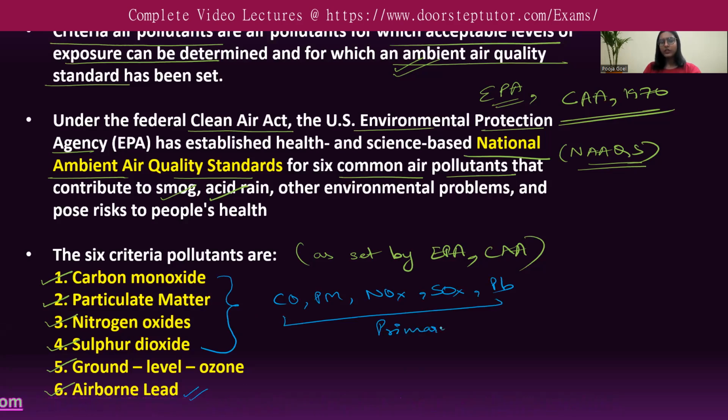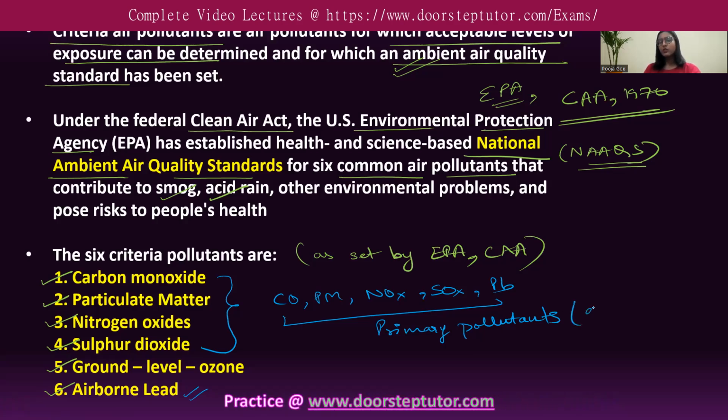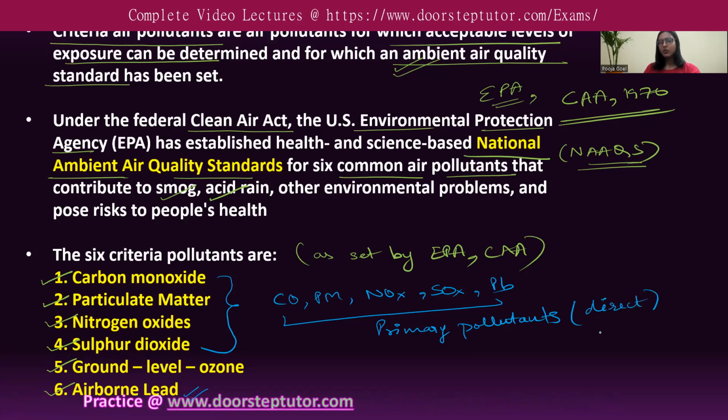We have already discussed in our previous video what are primary pollutants and what are secondary pollutants. Those which have a direct source of emission are called primary pollutants. Apart from these 5 pollutants, this one, ground level ozone, is our secondary pollutant.